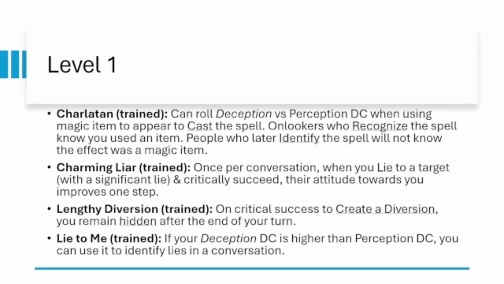The second feat is Charming Liar. Essentially, it lets you improve your relationship with creatures that you're lying to. It only works for significant lies, like if you're doing something trivial to try and game the feat, it doesn't work. For instance, if you're just chatting with someone and mention, oh, my sister just got a new internship at a magic school, then that's not necessarily a significant lie.